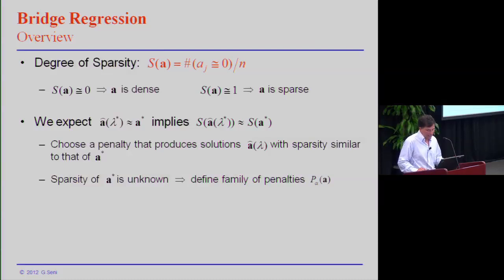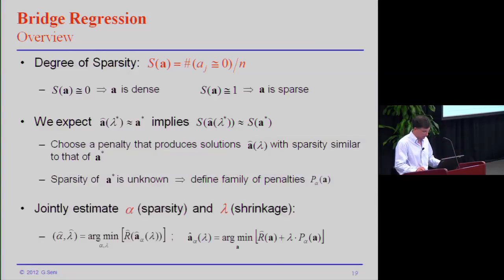So what we want is really not just a penalty, but a family of penalties, where this parameter alpha indexes the degree of sparsity of a particular solution. And so now we have two metaparameters. We have lambda, which controls shrinkage, the pull towards 0, and we have alpha. And so we have the model selection problem restated in this way.